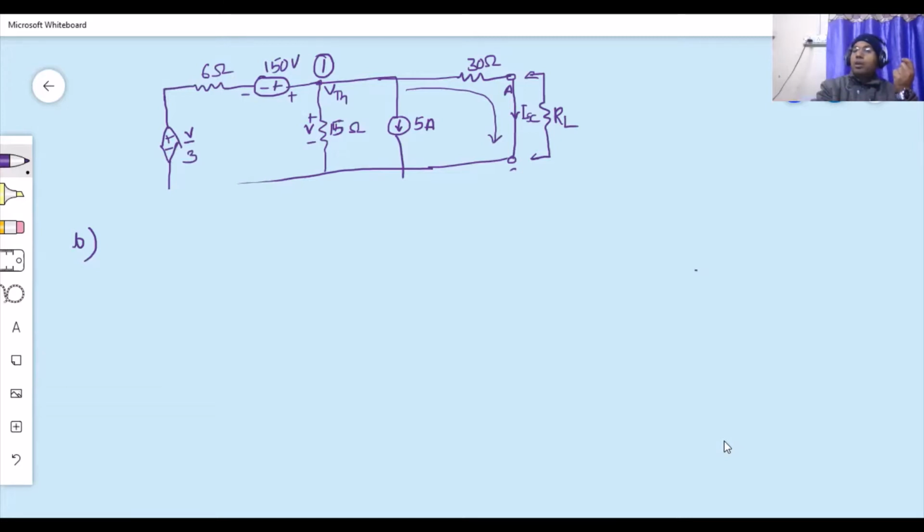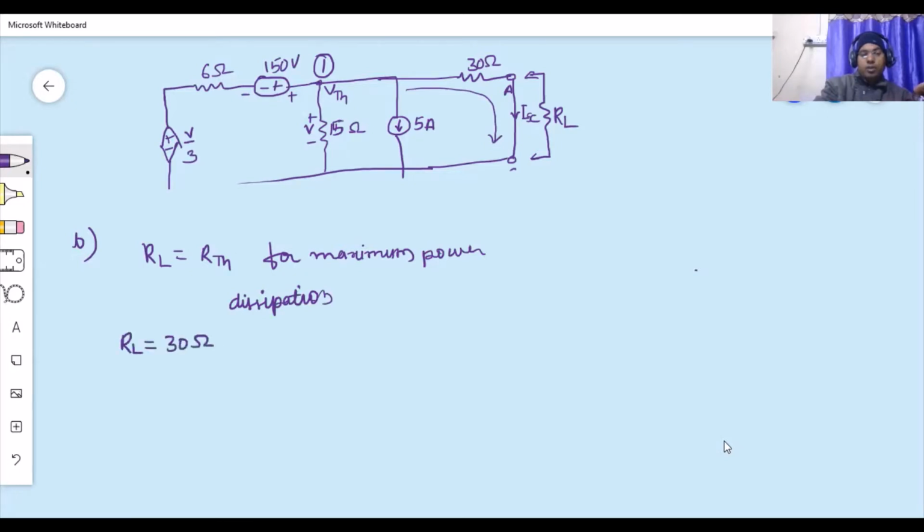So RL will be equal to RTH for maximum power dissipation. So RL is equal to 30 ohm. So part B is solved.